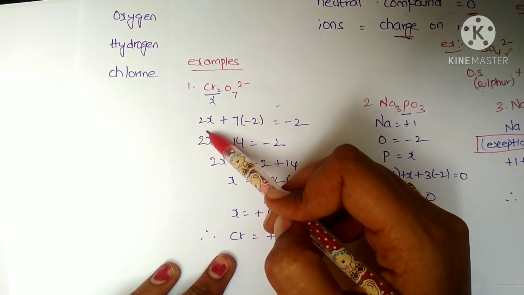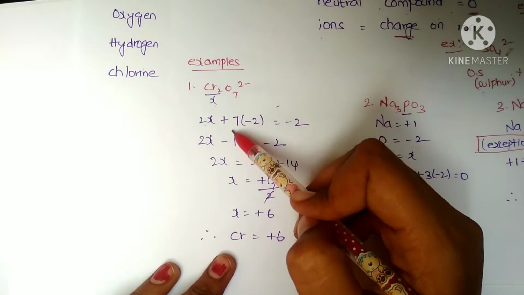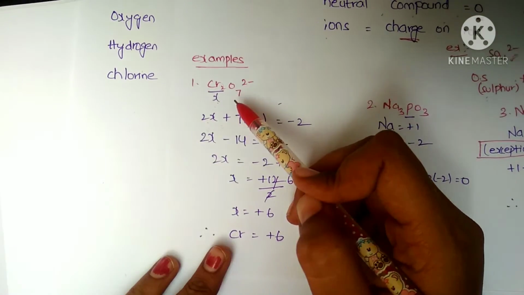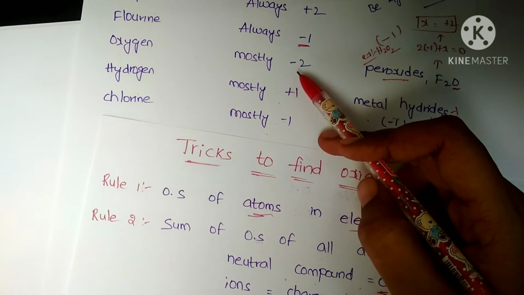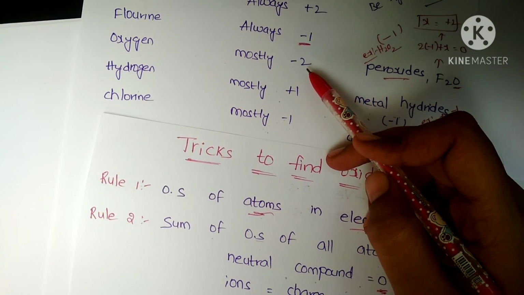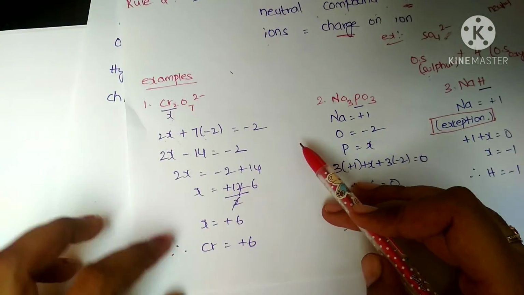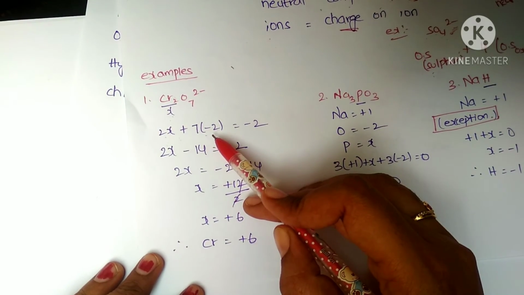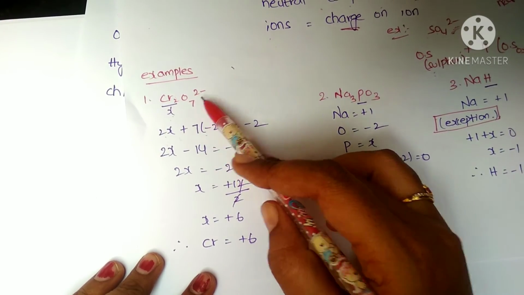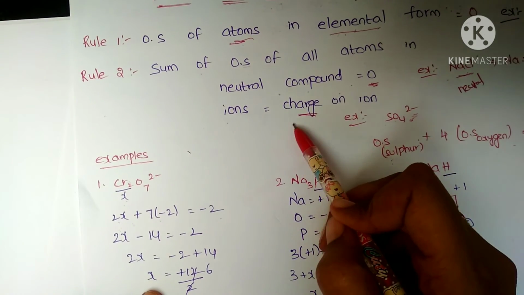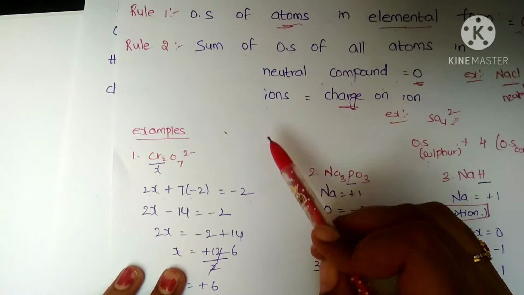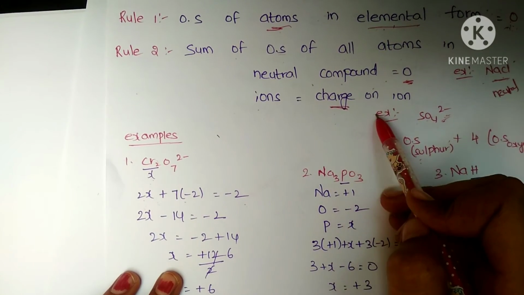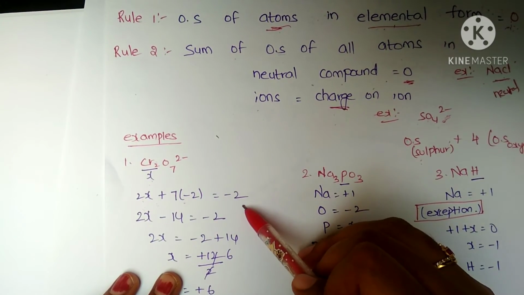Cr2, so 2X plus 7 into, in general what is the oxidation state of oxygen? As we mentioned in the previous table, in general the oxidation state will be -2. So 7 into -2 should equal the ion's charge, right? That's the statement we mentioned. Here the charge is -2.